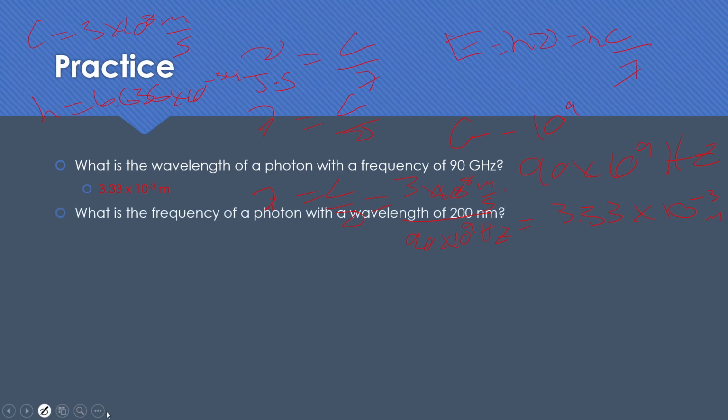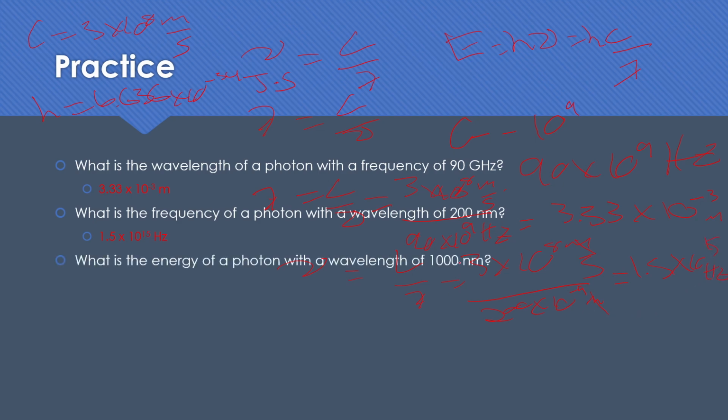Okay, what is the frequency of a photon with a wavelength of 200 nanometers? So nu is equal to c over lambda, 3 times 10 to the 8th meters per second, divided by 200 times 10 to the minus 9th meters. And you get 1.5 times 10 to the 15 hertz.